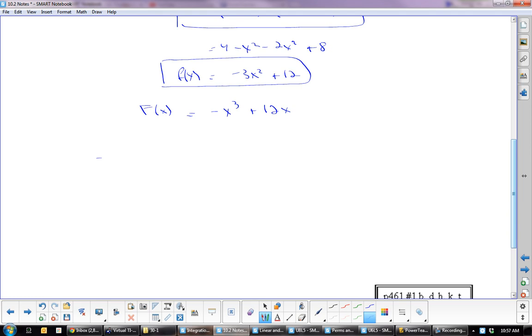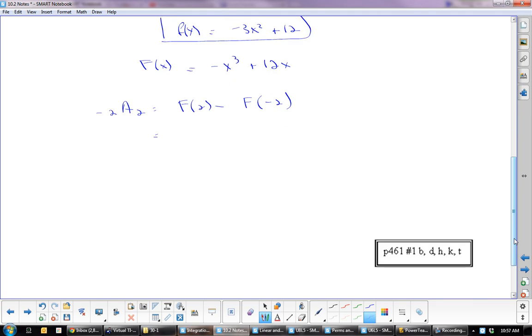So let's go from negative 2 to 2. So we're going to do F of 2 minus F of negative 2 equals. So that is negative 2 cubed plus 12 times 2. Now remember, the 2 is not with the negative sign. Oops, it's cubed. So we do want to put it outside the brackets, or else you're going to get the wrong answer.